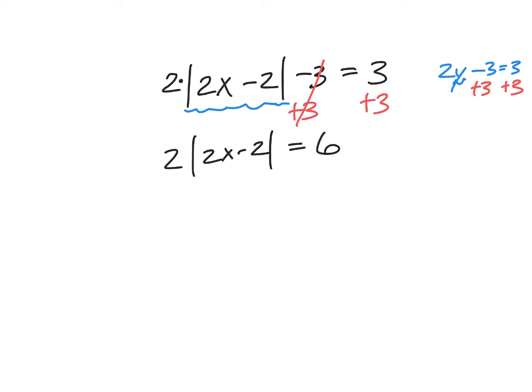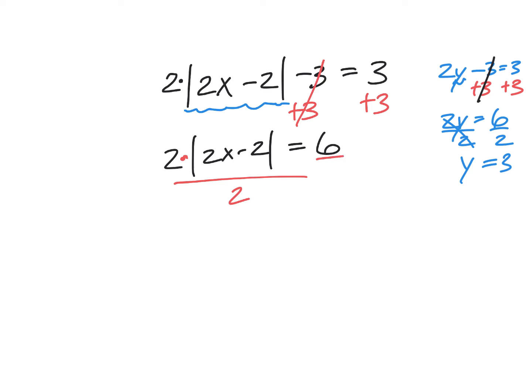Well, if we come over here and do this, 2y equals 6, now what would I do? Now I would divide by 2. Okay, and get y is 3. Now, again, this y is like our absolute value, so I'm going to come over here and do the exact same thing. I'm going to divide by 2 because really this is multiplication.